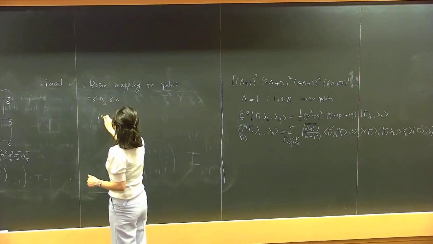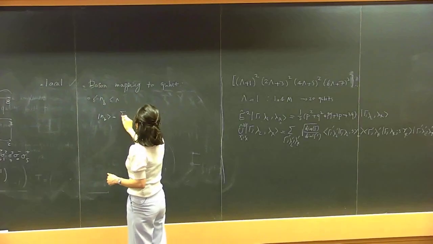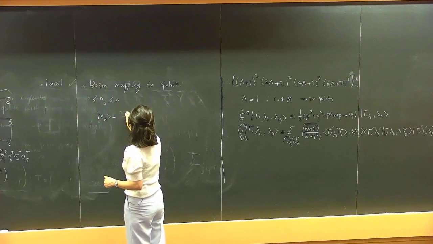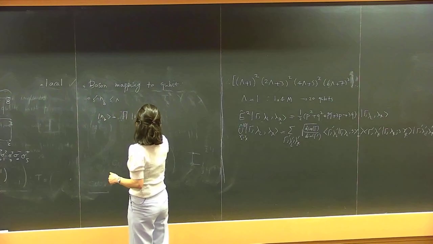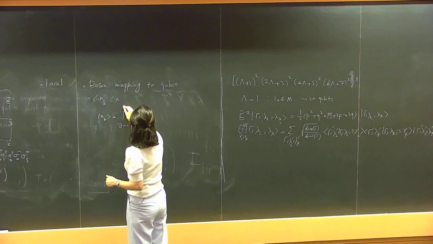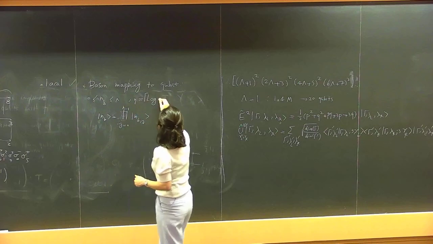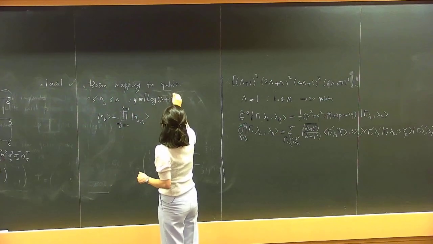So then you define the state associated with this bosonic state n_B to be the following product state. We call this j from 0 to eta minus 1, where I define eta to be the ceiling of log of lambda plus 1.